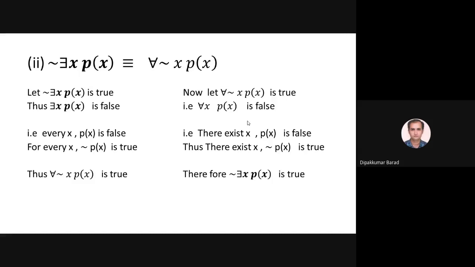See, if there exists x, P of x is true, then there is some x which is true for at least one x, but now it's false, then it is false for every x, P of x.